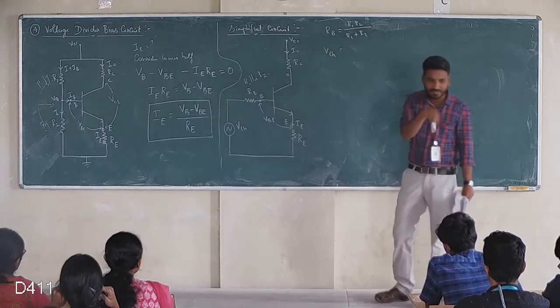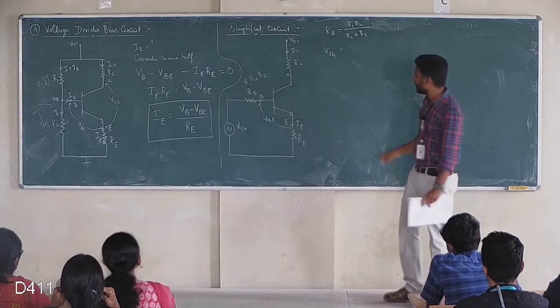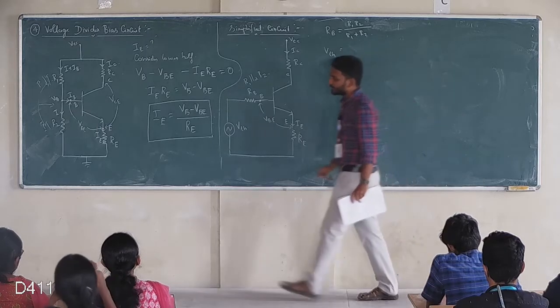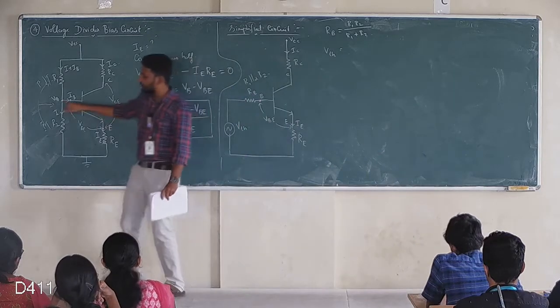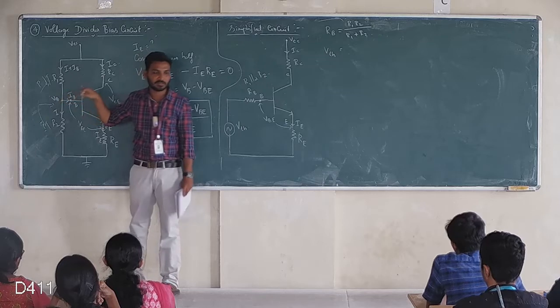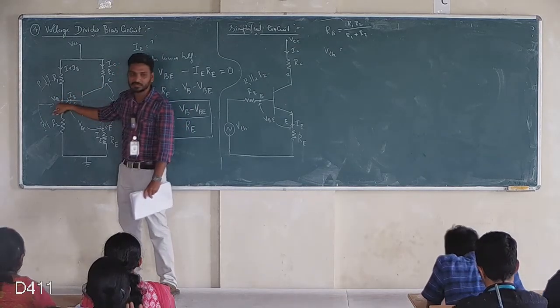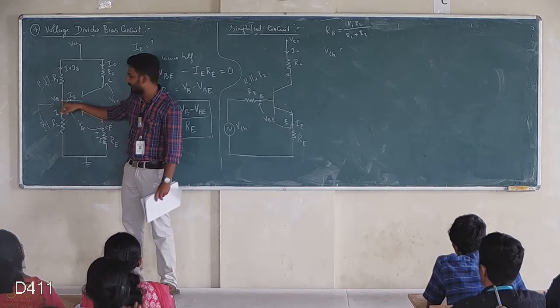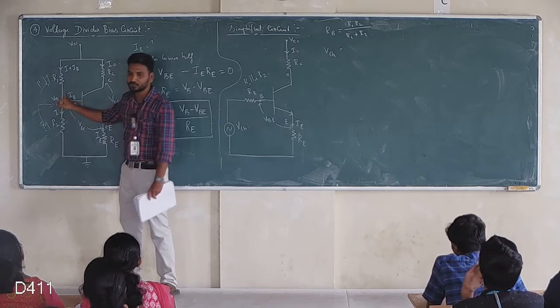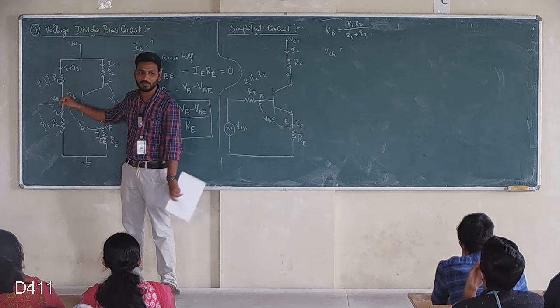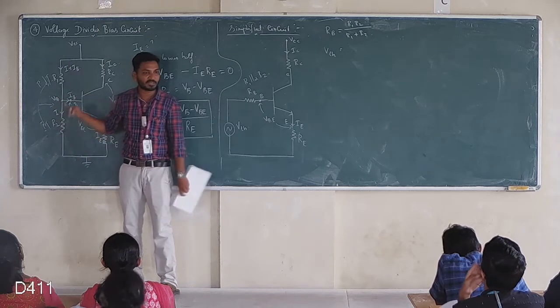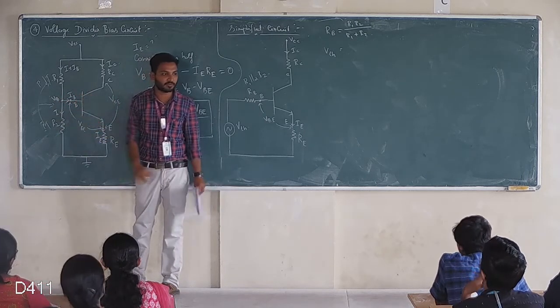Next one, VTH. I'm going to consider this VB as the input voltage. Notice, I'm going to consider this VB as VTH. So we have to find the voltage at this point. For that, we have to apply the voltage divider rule. What is this voltage divider rule?